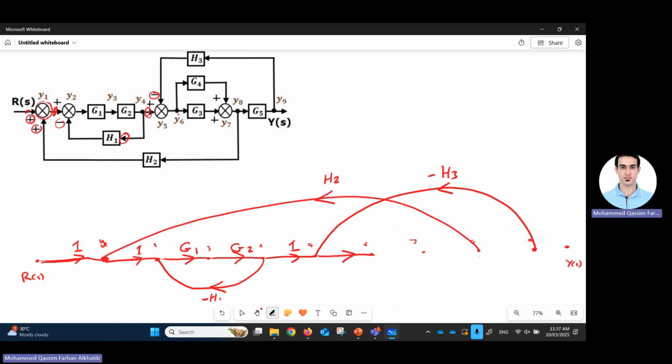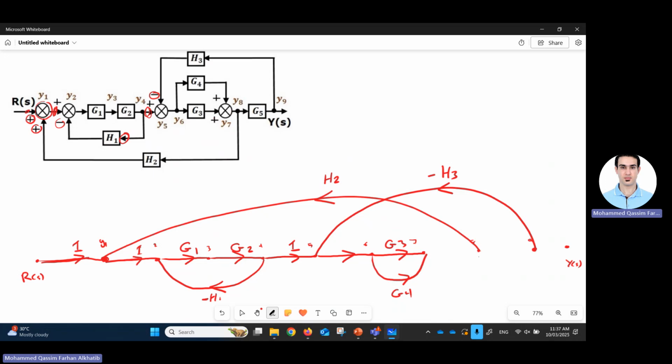Now Y6 will go to Y7 through two paths, G3 and G4. The first one immediately, that's G3, and here is another path, that's G4. Is there any change in sign? No, just addition.